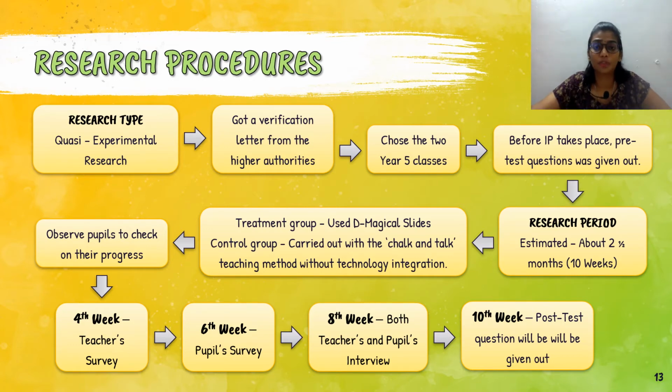The reason for giving the pupils' survey after 6 weeks was to let the pupils themselves notice some changes in their learning style and also preferred learning tools. Not only that, the researcher also conducted a semi-structured face-to-face interview on the 8th week with the teachers and pupils from both the groups. And finally, the post-test questions were given out after the intervention period had been completed.